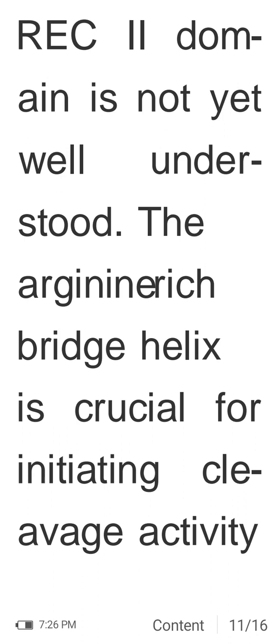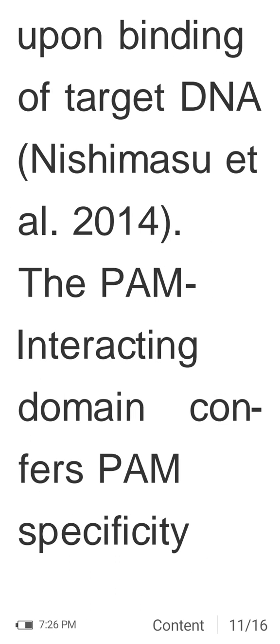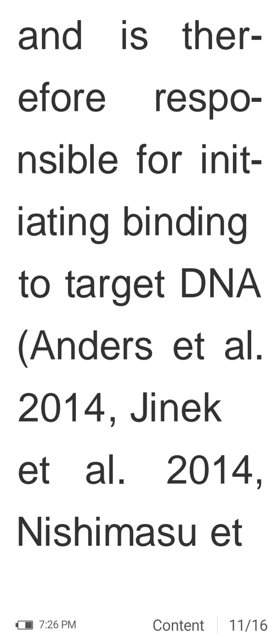The arginine-rich bridge helix is crucial for initiating cleavage activity upon binding of target DNA. The PAM-interacting domain confers PAM specificity and is therefore responsible for initiating binding to target DNA.